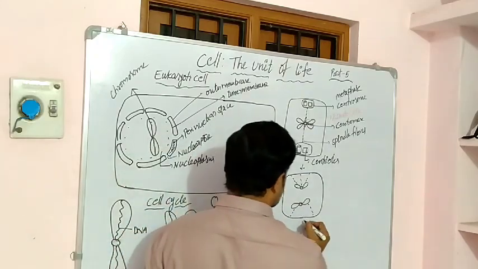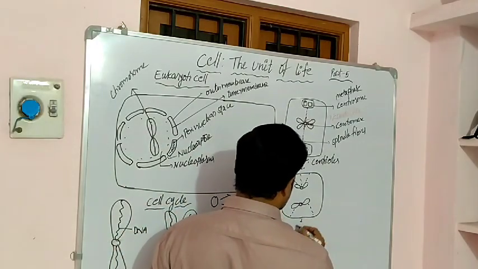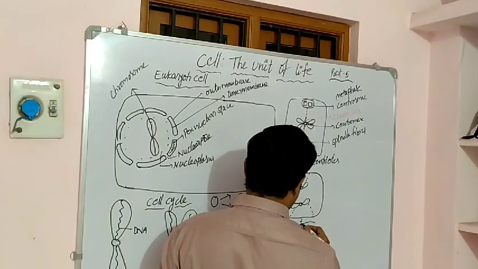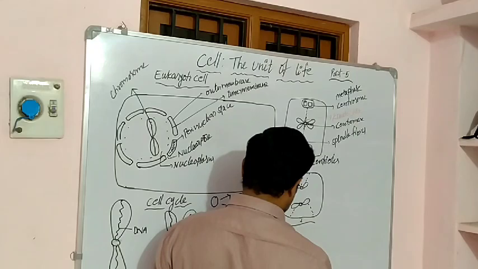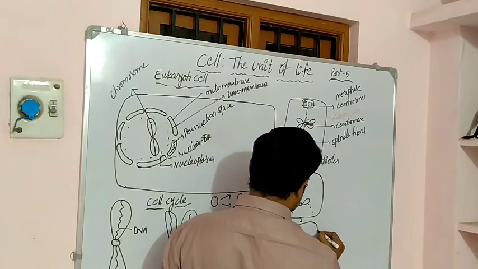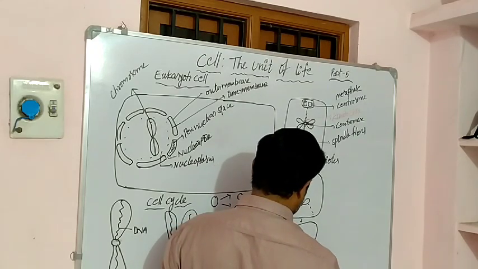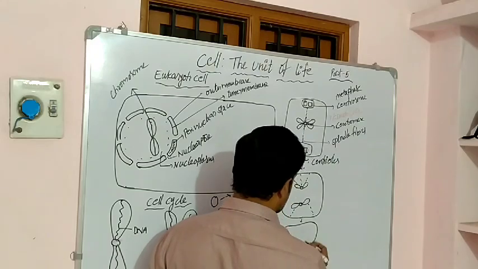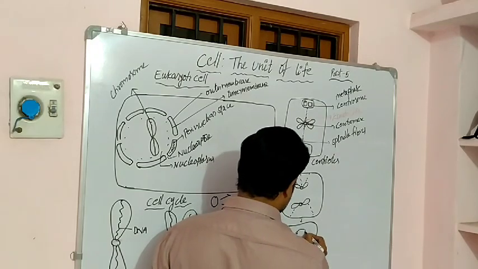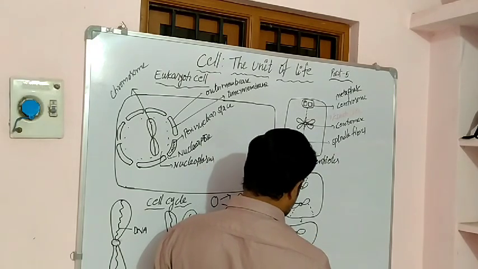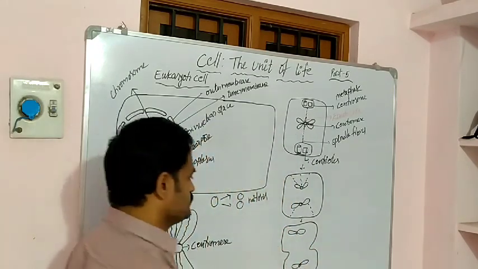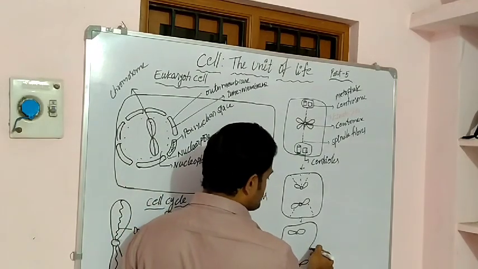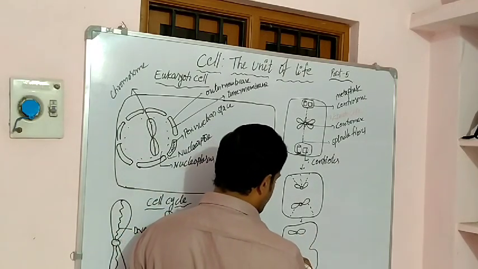Then after that, what will happen here? In the cell membrane, it forms some constrictions like this, one constriction on each side. Already one chromosome is present here, and one chromosome is present here. Then a deep groove will form in the cell membrane or plasma membrane.